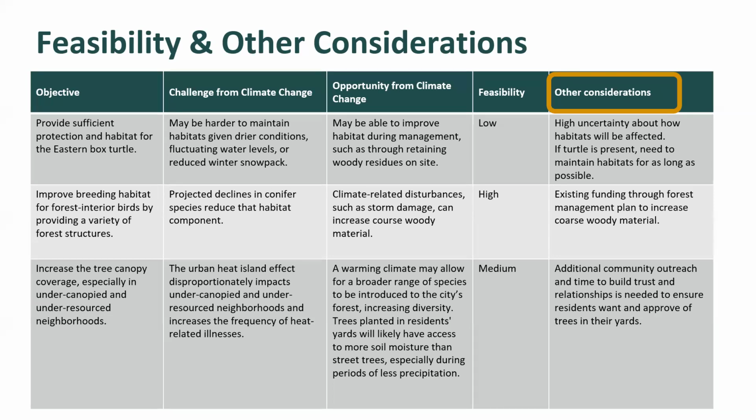Opportunities here exist to identify resilient tree species that could be better maintained as street trees and help cool these areas down. So then under the other considerations category, we can include the role of residents in those neighborhoods that could support tree planting in their own yards.